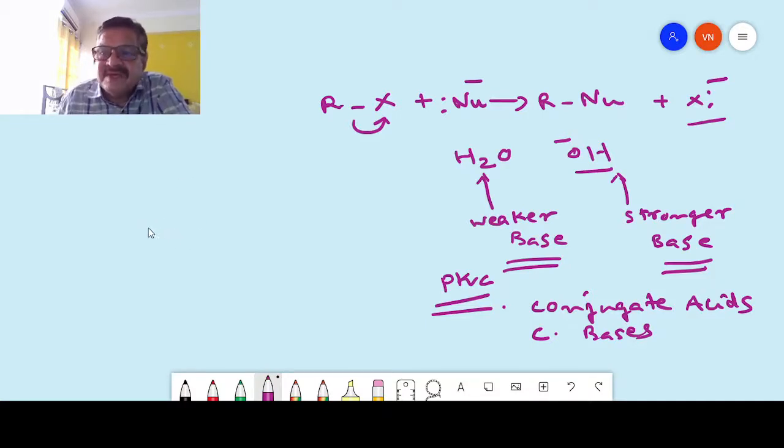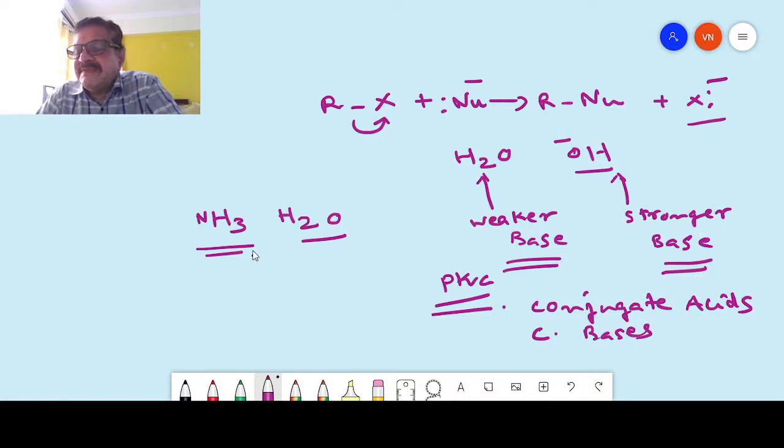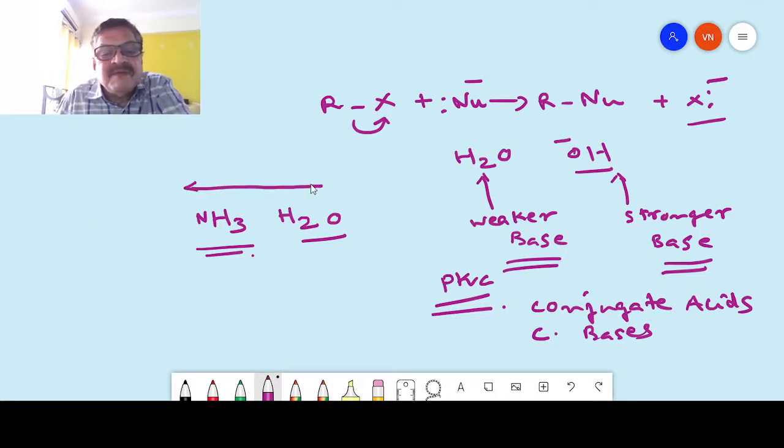Now we have ammonia and we have water, two nucleophiles here. In the periodic table, if you move from left to right across a row, the basicity decreases. So from right to left, the basicity increases.